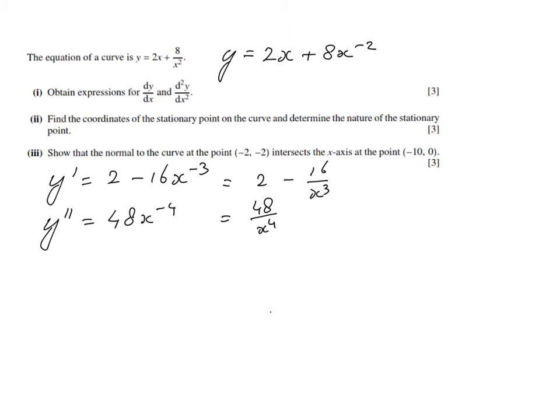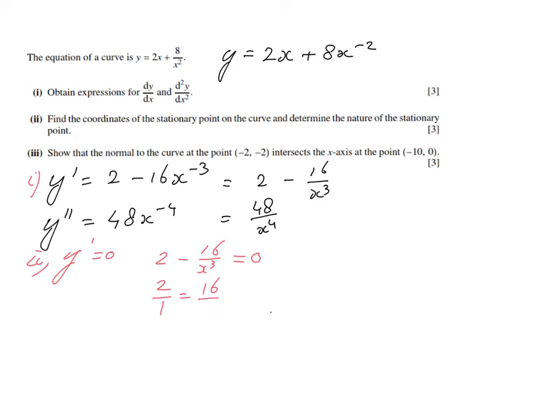Let's continue. Find the coordinates of the stationary points and determine the nature. Now, what is the stationary point? A stationary point is where the gradient is 0. Even if you would say that y prime has to be 0, you get a point for that, where you say dy/dx equals 0. So let's find out when that happens. 2 minus 16 over x to the power 3, the gradient function, you're going to find out where that is 0.